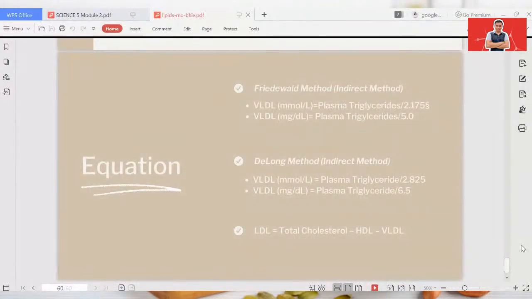So, may ipa-solve ako guys. Maglagay ako ng equation then isolve nyo. About siya sa guys, sa Friedewald method.